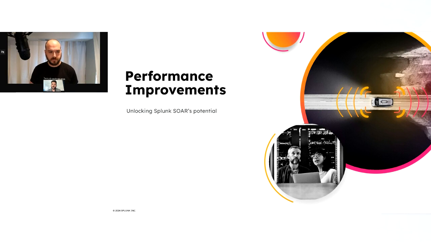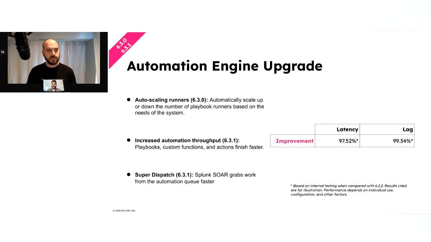So performance improvements. How have we drastically improved Splunk SOAR's potential? Let's look at some of these numbers. So in 6.3.0 and 6.3.1, which again, we're considering these two releases in this presentation because they're so built upon what's done in one and the other improves upon it, we have three core new capabilities in the automation engine.